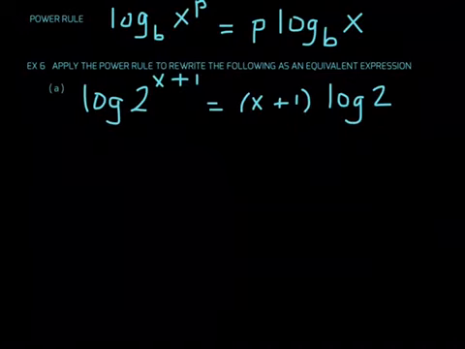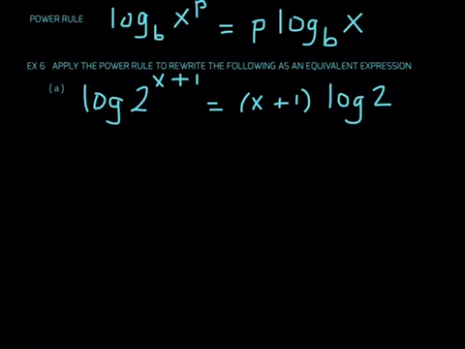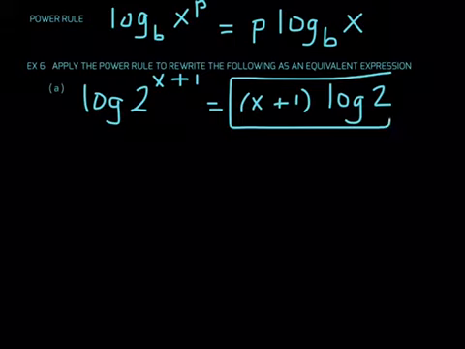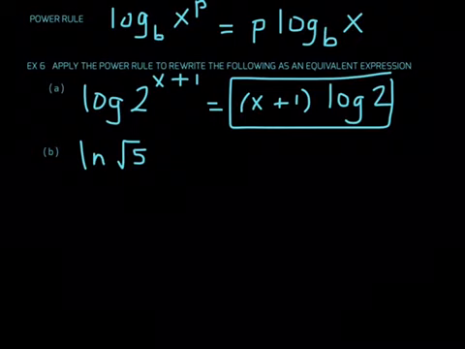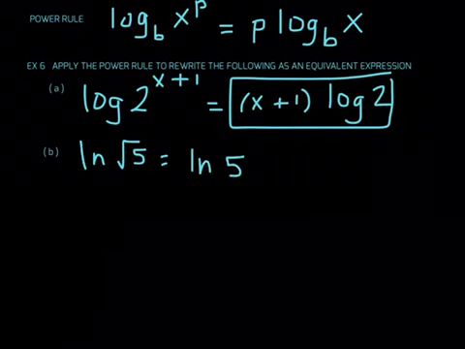Let's go to the next one. All right, cool. That's the answer. Okay, guys, we have the natural log of the square root of 5. Now, allow me to remind you, just to make sure that we are very clear, that the square root of 5 is the same thing as 5 raised to the power of 1/2.